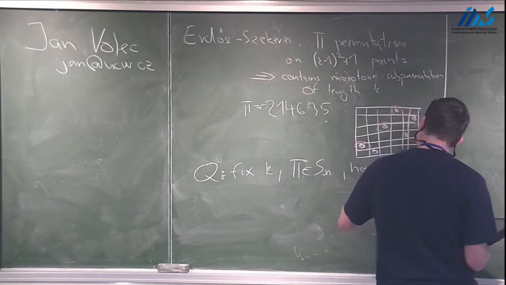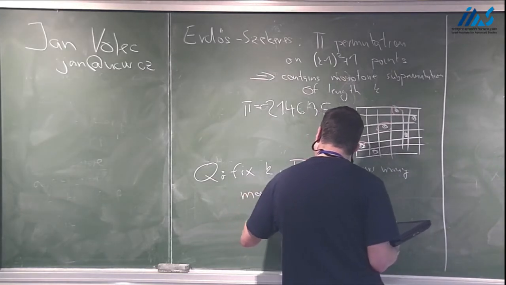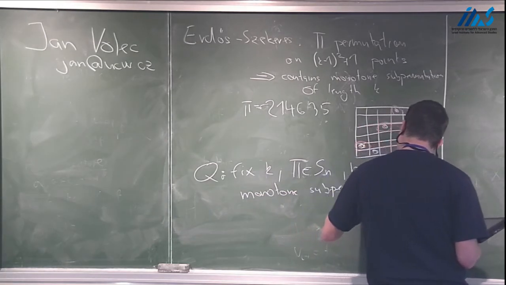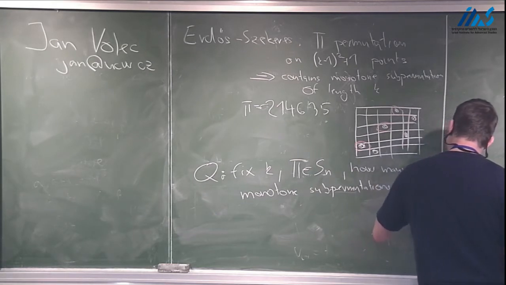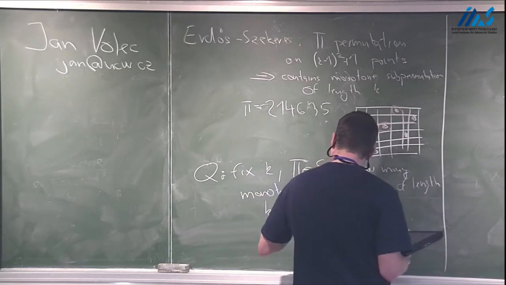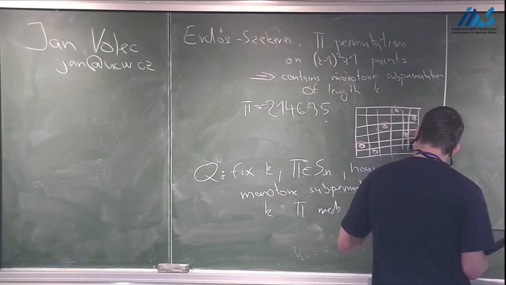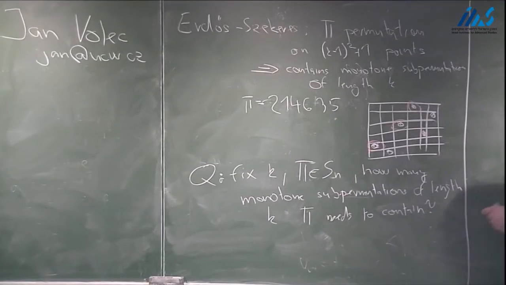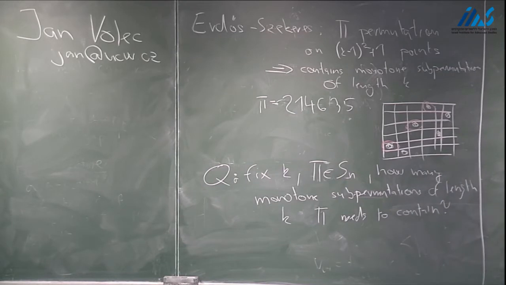How many monotone subpermutations of length k does pi need to contain? And the regime I would like to think about is that I imagine that this n is very large, or that this n is tending to infinity.